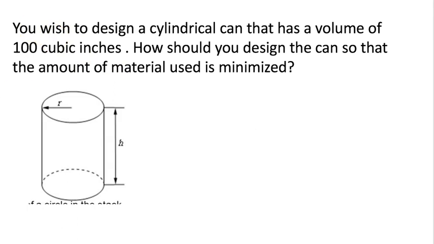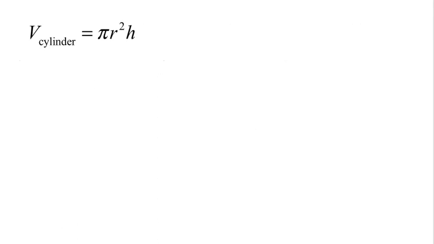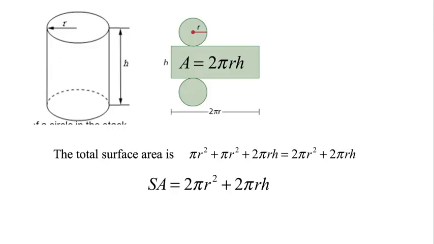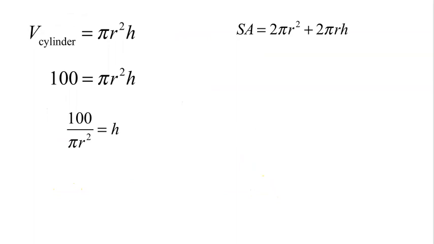That enables me to solve for h. If we want to solve for h, divide both sides by pi r squared: 100 divided by pi r squared equals h. Then I can plug that back into my formula for surface area. We said surface area was 2 pi r squared plus 2 pi r h. So I can plug this h of 100 over pi r squared in for h here.